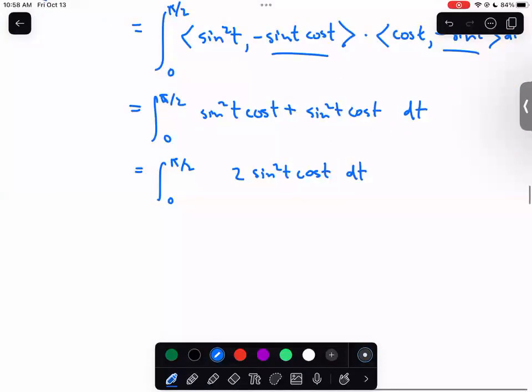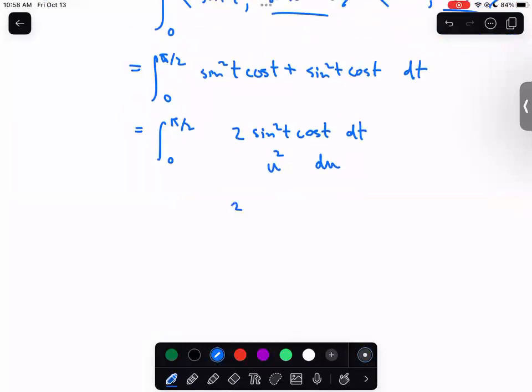Now, when we integrate, I want you to think of u as sine for this one, and then du is going to be just cosine dt. So when I integrate this, I'm going to get 2/3 u cubed, which is going to be sine cubed. Double check, right?